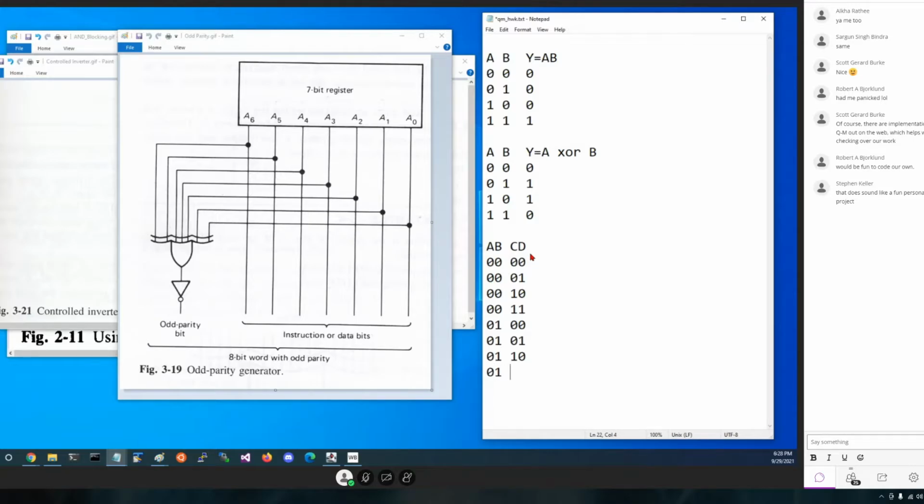And I actually copy this and paste it below. I should be able to take and change those.